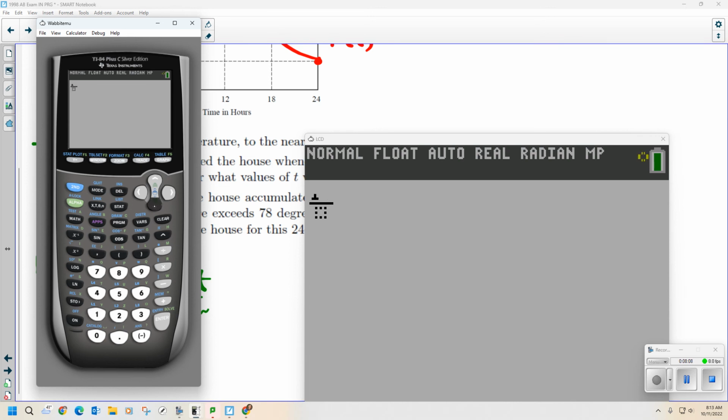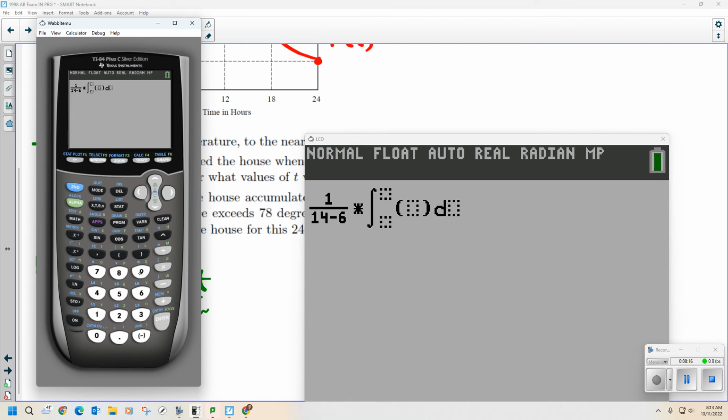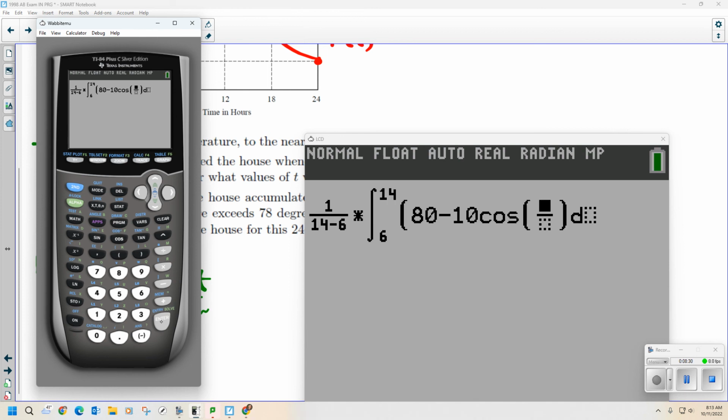So I'm going to have 1 over 14 minus 6 times math 9, which is the integration from 6 to 14 of the equation we have, 80 minus 10 cosine of pi times x over 12.